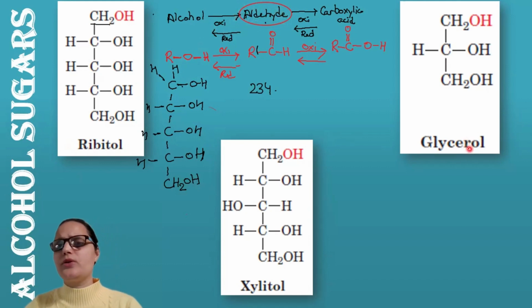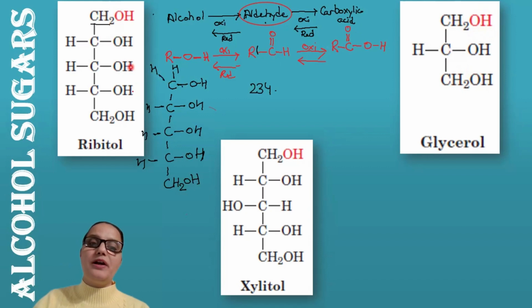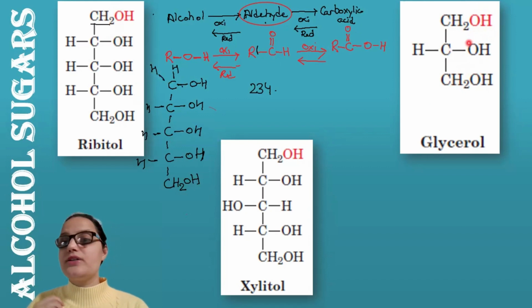Same as over here with glycerol. Glycerol is derived from glyceraldehyde. In glyceraldehyde, this carbon was involved in the formation of a carbonyl group, but now it has lost its carbonyl group and an OH group has been formed on it. These are all polyhydroxy alcohols. Glycerol is a very important derivative because it is part of lipids as well.